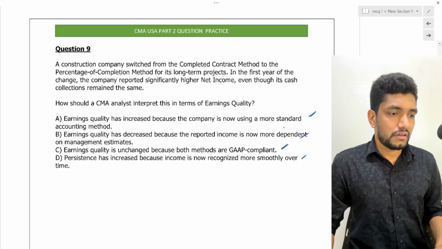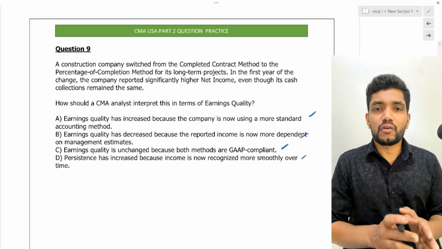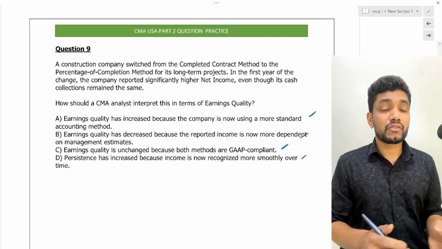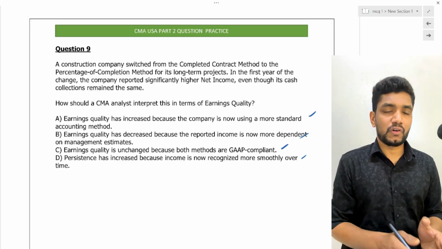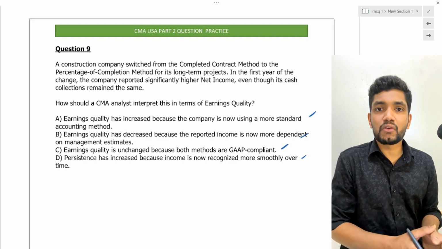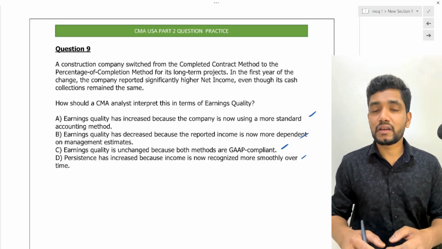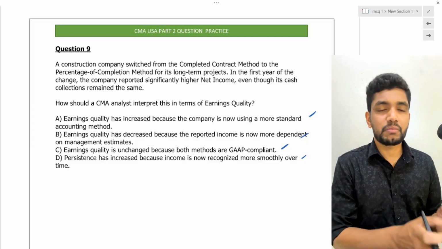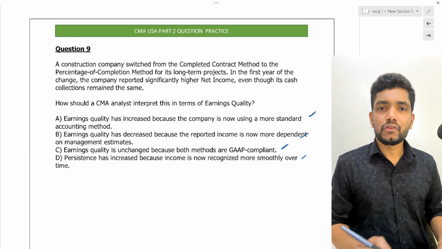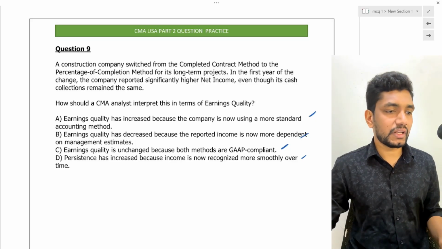In this case, it is already mentioned that the revenue is not supported by cash flow. So the cash flow remains similar to the previous year, but only the net income has increased compared to the previous year. So definitely there will be an issue with earnings quality.